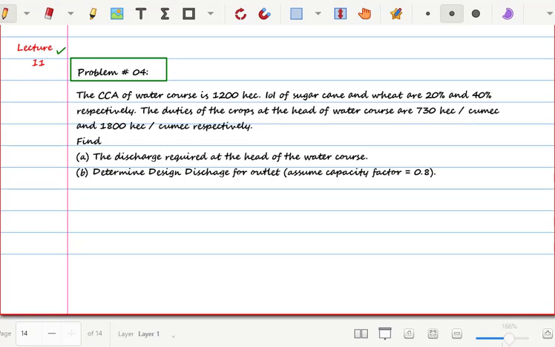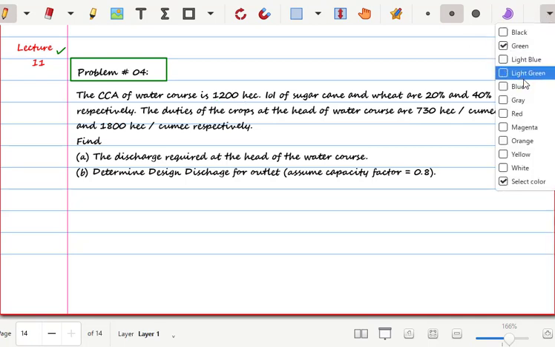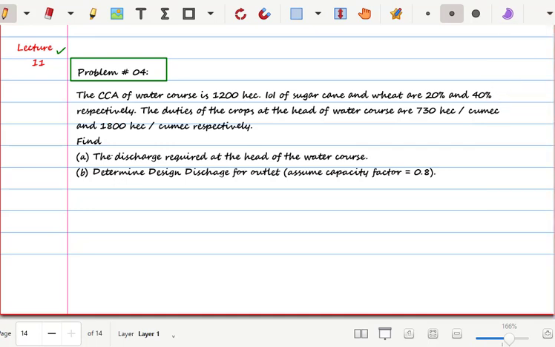the CCA of watercourse is 1200 hectares. Let's keep writing the given data. CCA. What is given to us? Cultivable command area, which is equal to CCA.